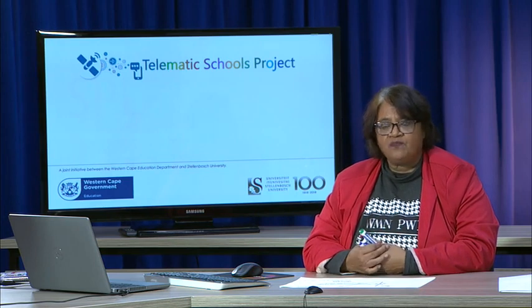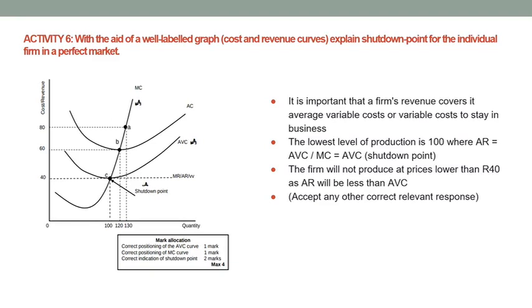Okay, so let's just see what it says here. It is important that a firm's revenue covers its average variable cost, or variable costs, to stay in business. The lowest level of production is 100. So if you look here on the graph that is drawn for you, at 100, right, that is their shutdown point.